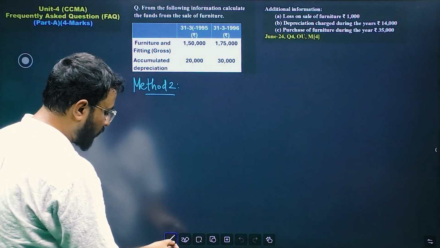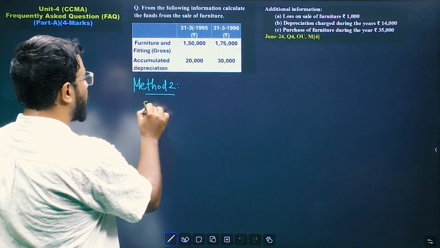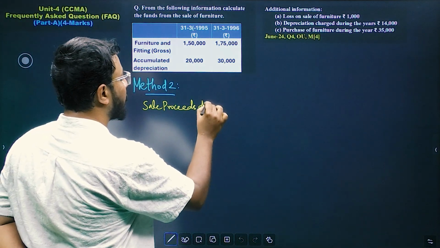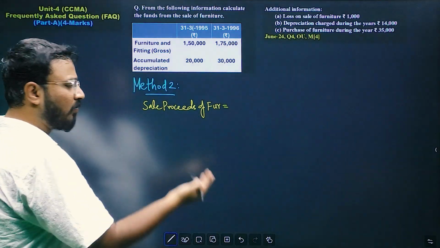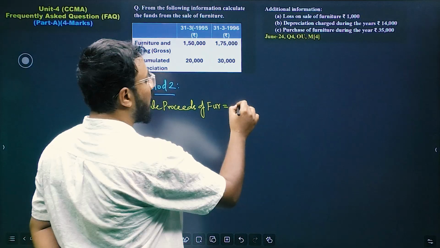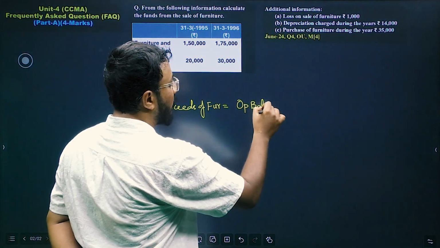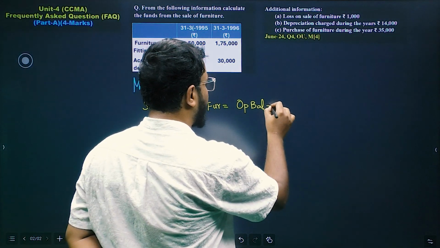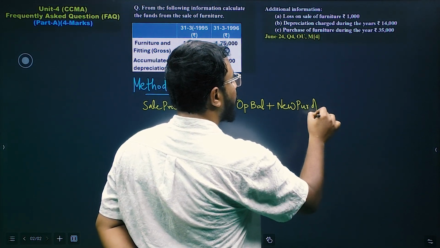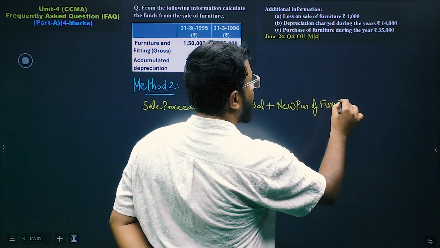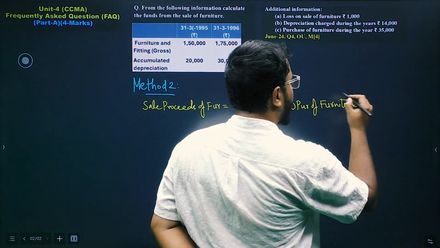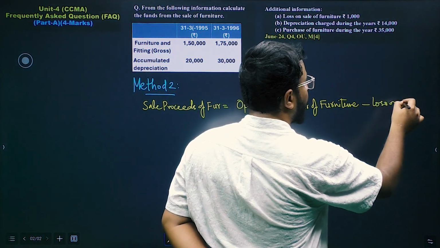రైట్? సో I can write the formula like this. Method 2, we will solve like this. Sale proceeds of furniture, or mere sale proceeds anakunda, you can also say funds from sale of furniture is opening balance of furniture account plus new purchase of furniture. ఏమేం మైనస్ చేసాం మనం? మైనస్ లాస్ ఆన్ సేల్ ఆఫ్ ఫర్నిచర్.